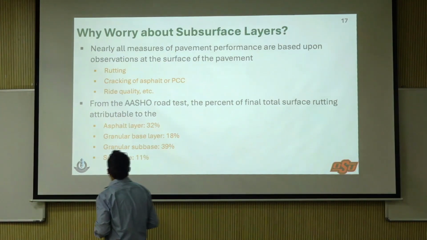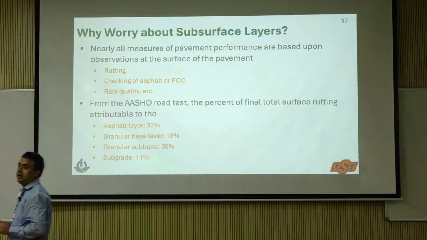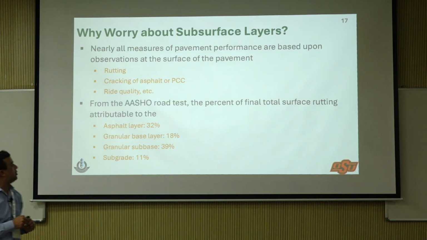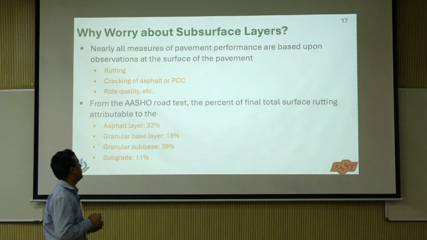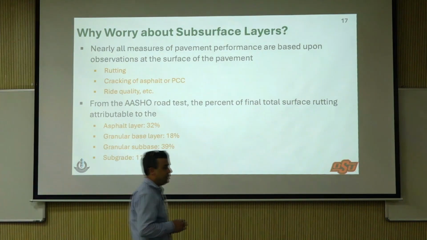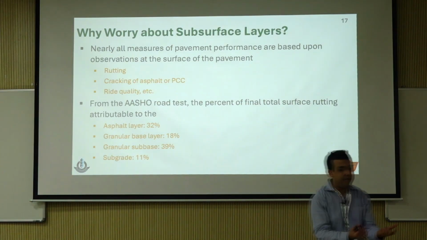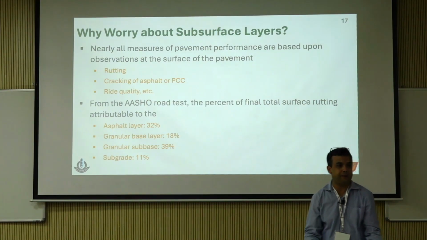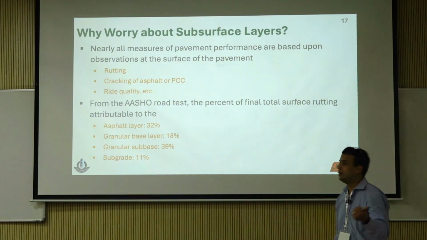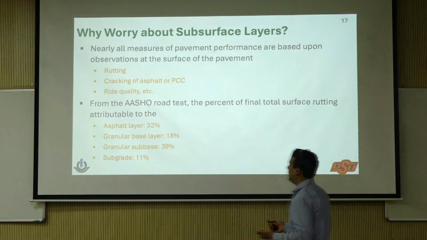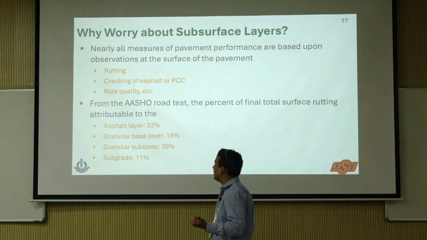Why worry about subsurface layers? Nearly all the measures of pavement performance are based upon observations at the surface of the pavement, right? We are riding on the roadway, we are seeing the effect on the roadway, which is rutting, cracking, ride quality, right?